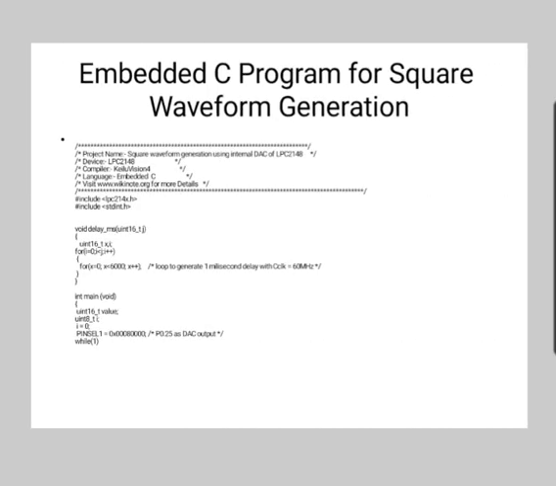The next is the embedded C program for square wave generation. So the same, that is, the for loop is used.